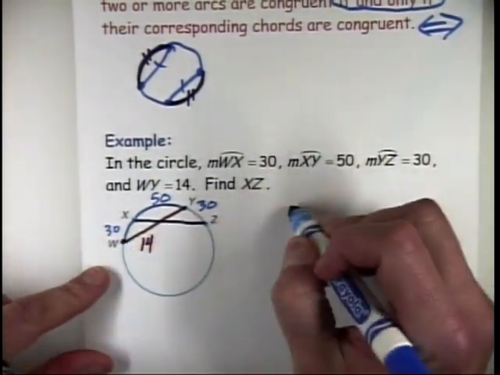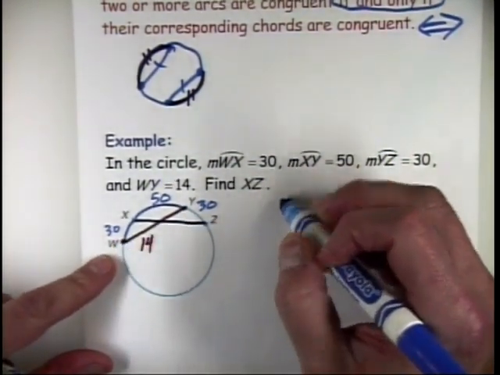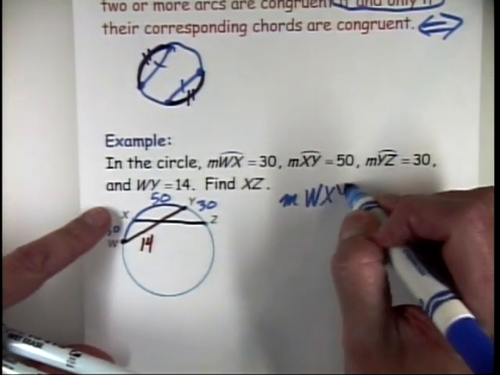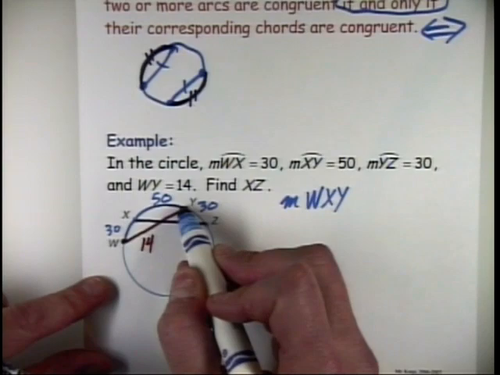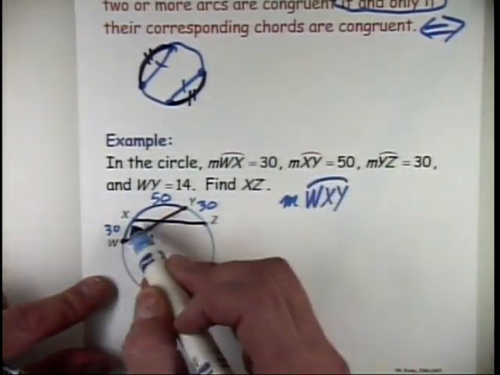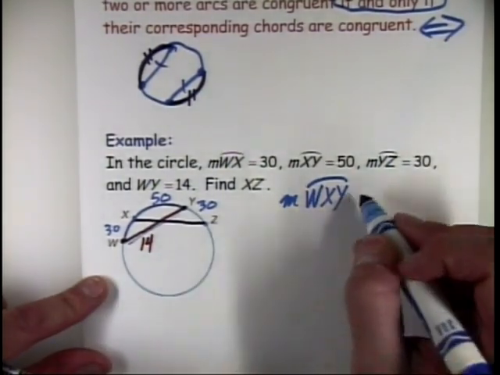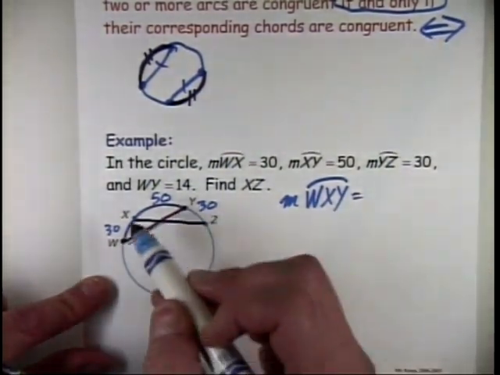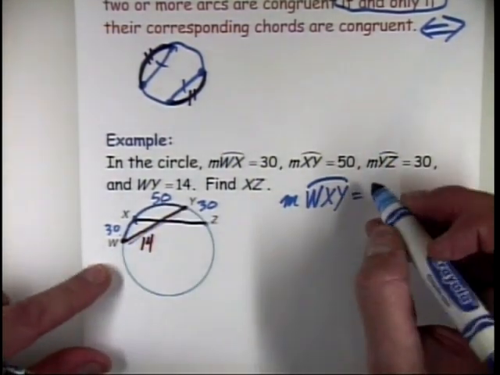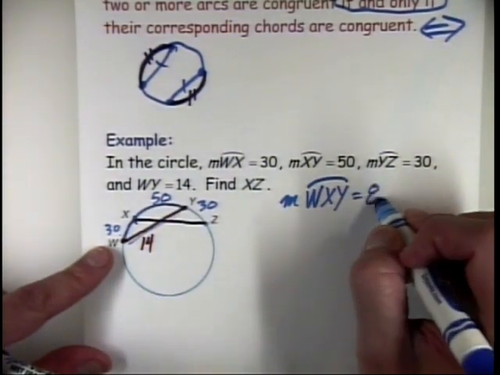We can look at our picture, and we know that the measure of arc WXY, which basically corresponds to the chord WY, and I'll put 3 letters there so I know which direction I'm going, is going to be the sum of the other two arcs. So it's going to be 30 from WX and 50 from X to Y. So 50 plus 30 is 80.